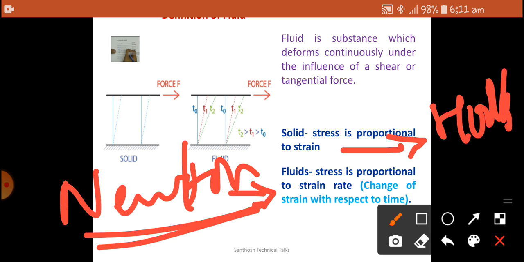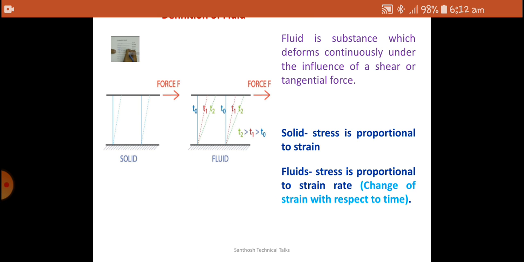This fundamental proportionality was derived by Newton, and the law is called Newton's law of viscosity, which is very important in fluid mechanics. From Newton's law of viscosity, the term viscosity has been derived. It is a type of property, and we will discuss that property later in the slides.